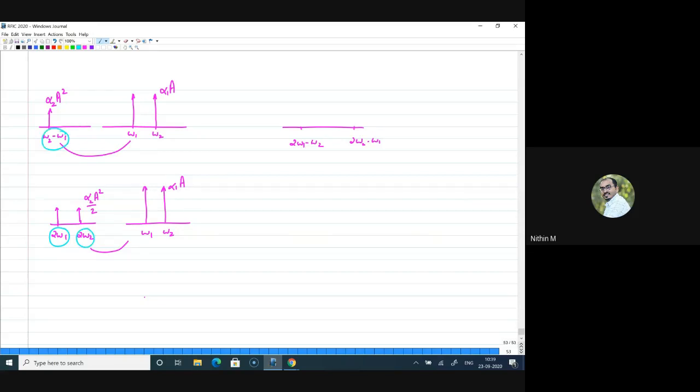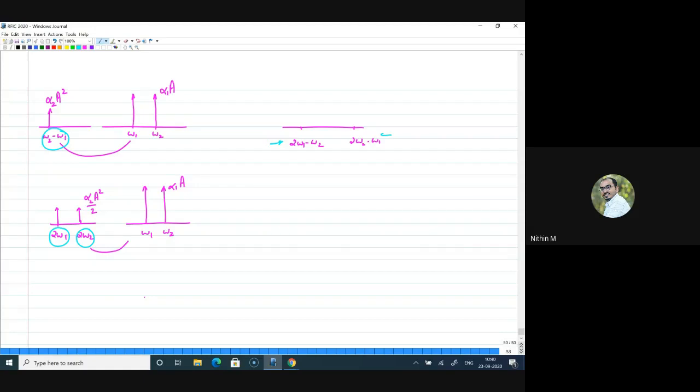Now, when the second order nonlinear terms undergo a similar experience, in the sense that this is going to another system that also shows some second order nonlinearity, these components will get mixed with the components available at omega 1 and omega 2, and they will be translated to the intermodulation terms at 2 omega 1 minus omega 2 and 2 omega 2 minus omega 1.